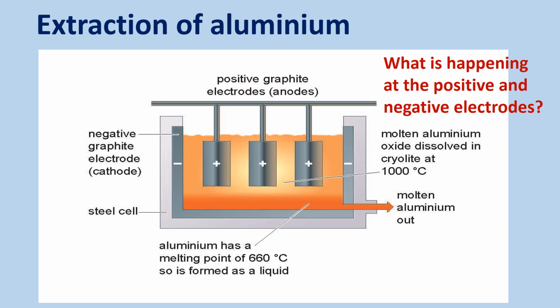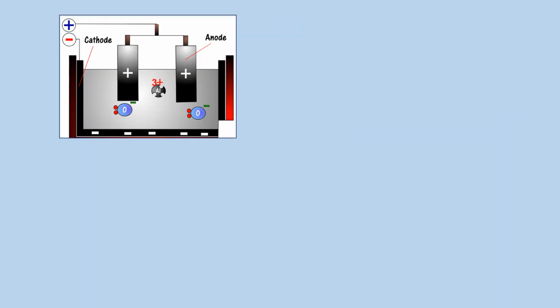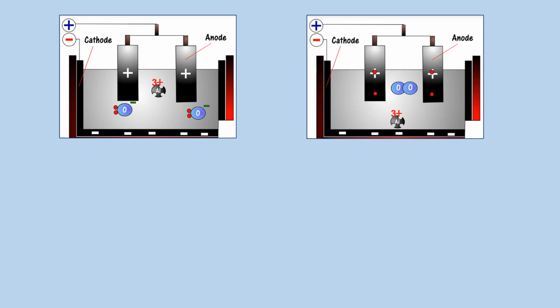So we've got to work out what's happening at the electrodes. Well, we have got aluminium ions and oxide ions. And the oxide ions, O2-, are attracted to the anodes, the positive electrodes, where they form oxygen gas.